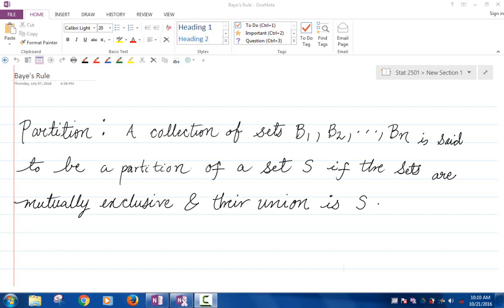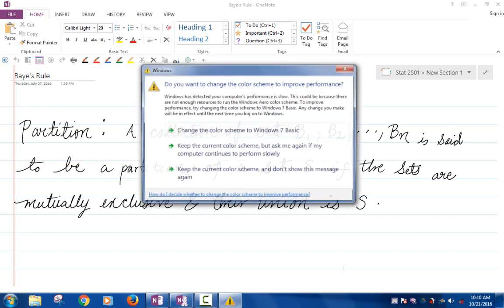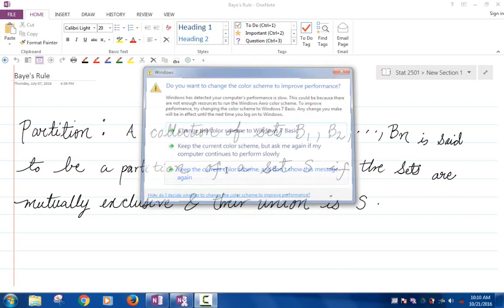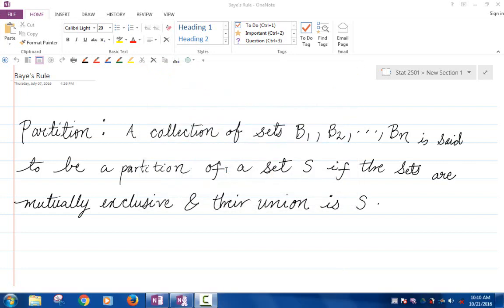Now, once again, basically what a partition does is divide the sample space into mutually exclusive events. Okay.